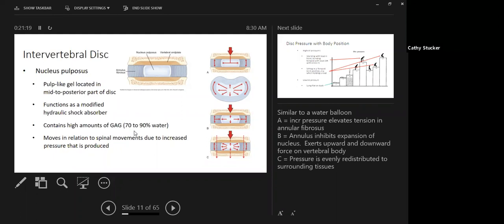It does that because it's mostly water. If we lose water as we get older, as I get older, things get stiffer. Things don't respond as easily because we're drier. And if we're drier, things start to break because the water isn't there to help support the structures.